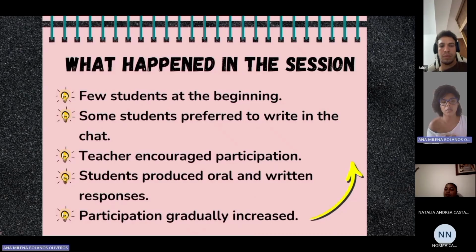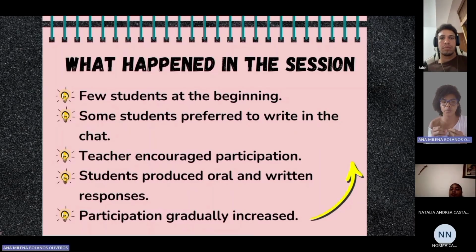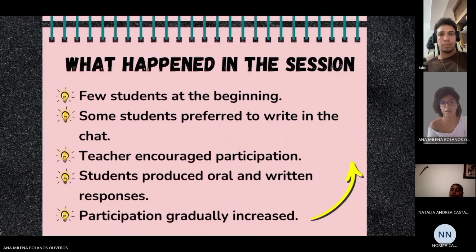The teacher was so gentle. For example, when students want to create a sentence, the teacher helps to complete the sentences, and they also produce an oral and written response, so participation in the session gradually increased.